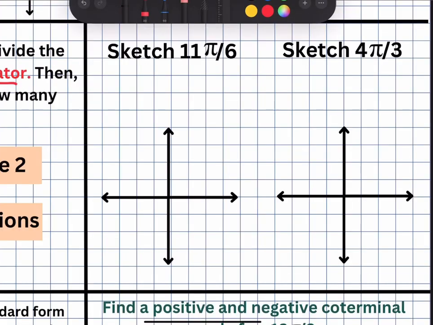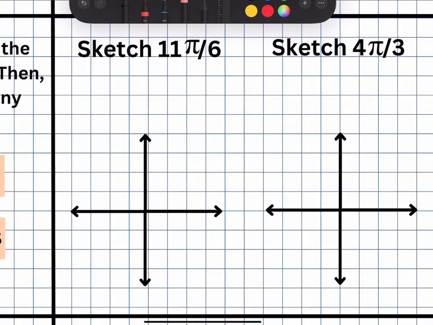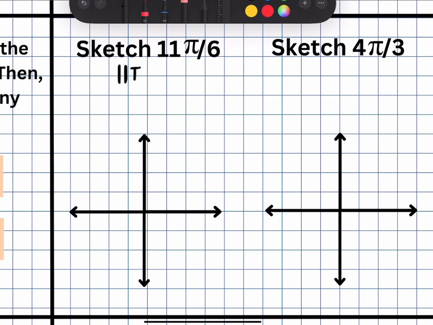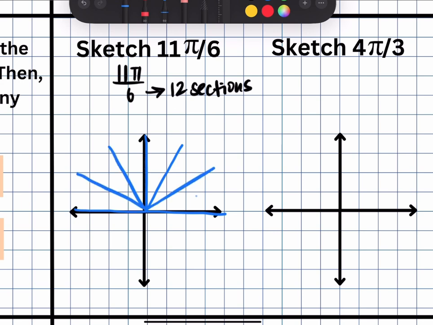Jumping into this problem, we're going to be sketching 11 pi over 6. So because my denominator is 6, this means I need a total of 12 sections. 6 on the top and 6 on the bottom. So let's go ahead and divide the top first. So I already have 2 sections. I need 6 on the top. There's 6, 1, 2, 3, 4, 5, 6.